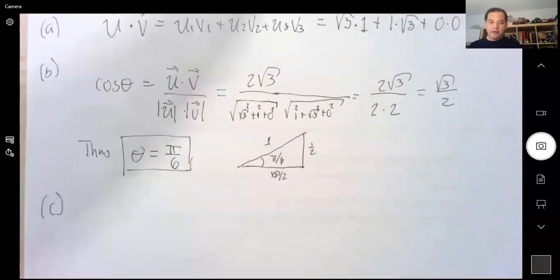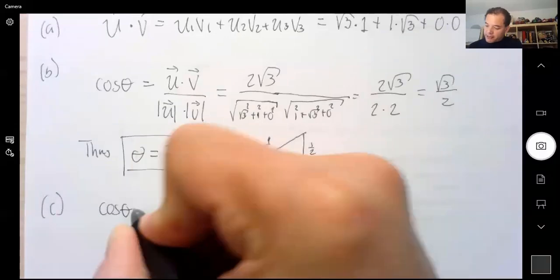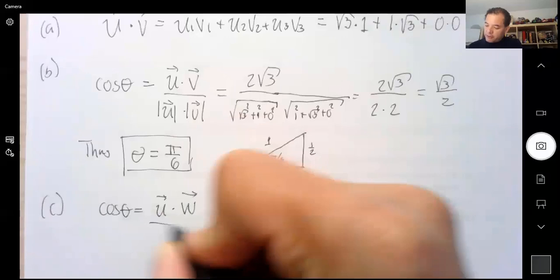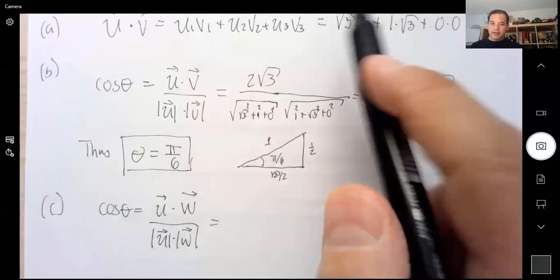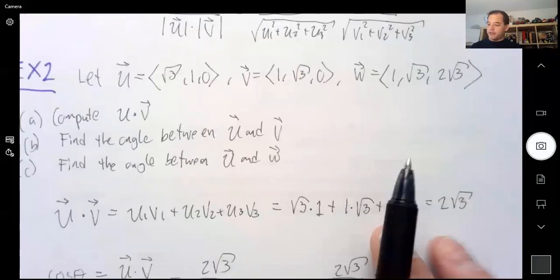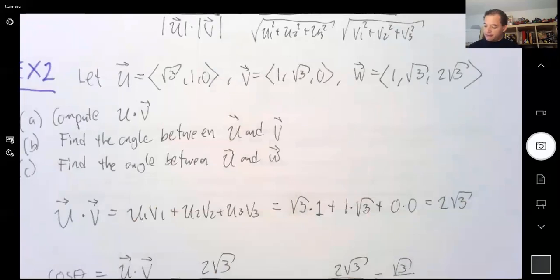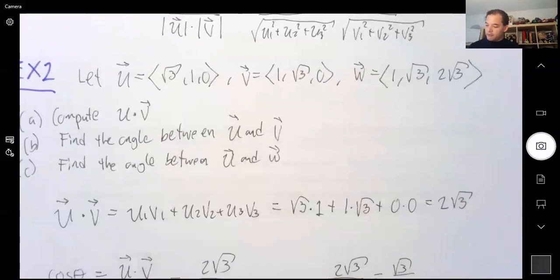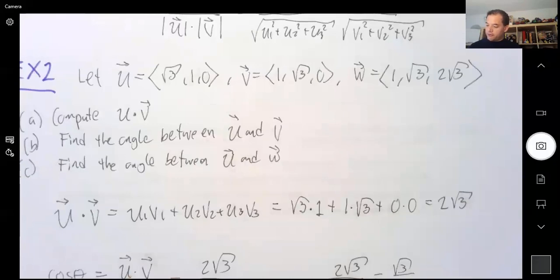let's see now the angle between u and w. So it's similar, right? So we only need to do now u dot w divided by the magnitude of u times the magnitude of w. Now, what is u dot w? Let's go back. U and w are right here. So now, you don't see it right now, but I'm going to write it. So it's square root of 3 times 1 plus 1 times square root of 3 plus 0 times 2 times square root of 3.